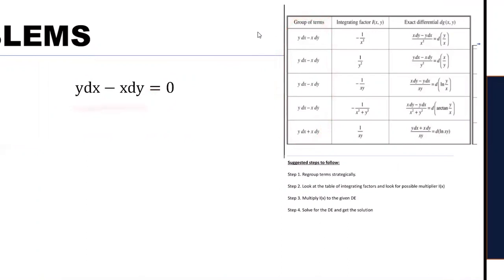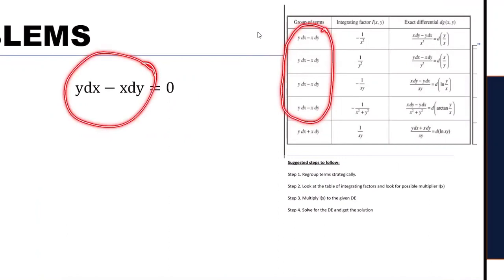Y dx minus x dy. Based from this group, we have this, we have this, we have this, and we have this. No? Actually, four agad, no? We have four different rows that are having the same group of terms that we have here.